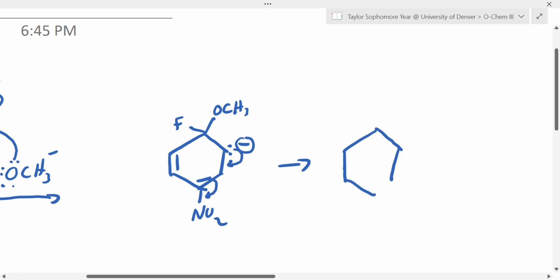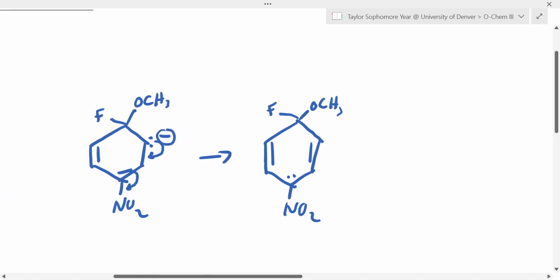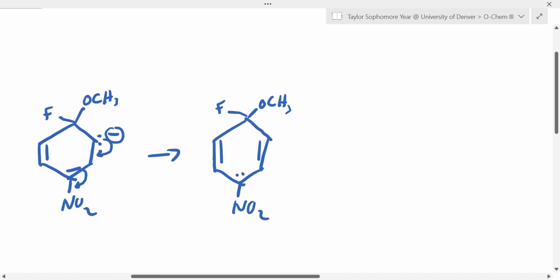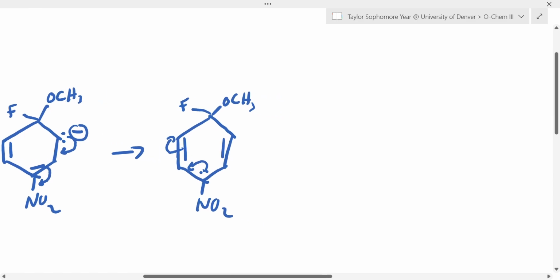By having that, you can then have a benzene that looks like this, NO2 here, OCH3 with double bonds on each side. Again, we can put these electrons onto here and pop this double bond out through this carbon as electrons.